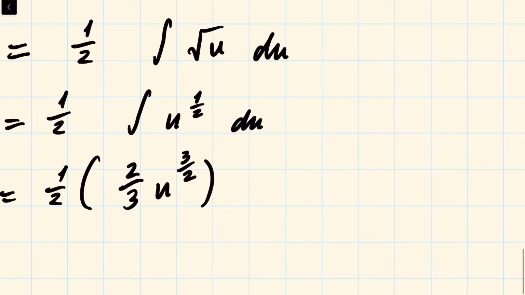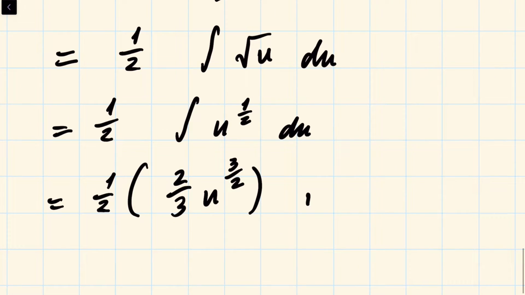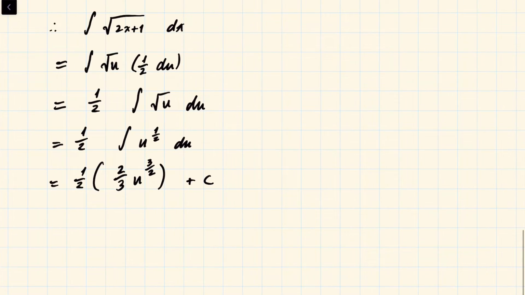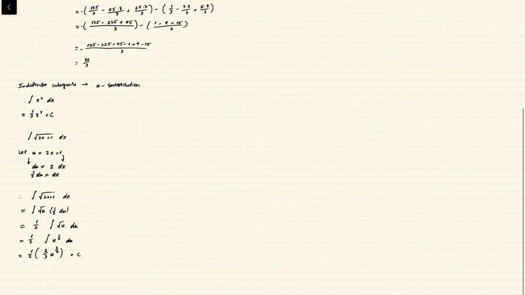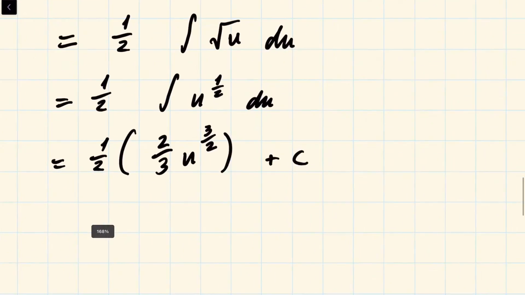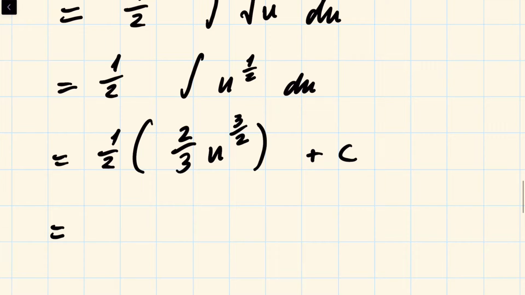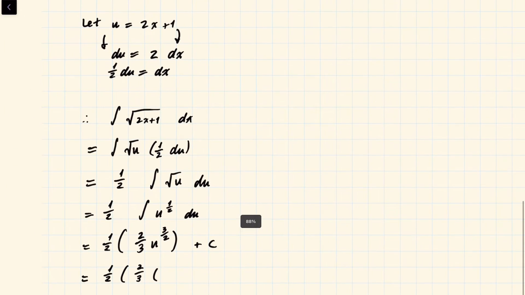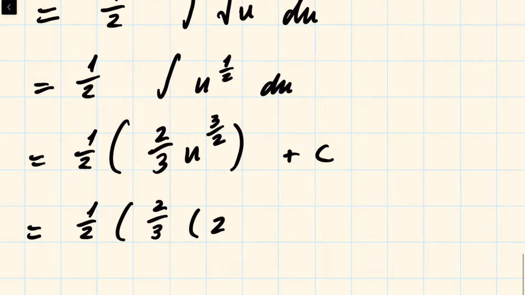So now that's it, but we've got to add our plus c. But we're not totally done yet because we've got to sub in x, because we want it in terms of x here. So we're going to sub in our 2x plus 1 for u again. So we're going to say 1/2 times 2/3 of 2x plus 1 to the 3 over 2 plus c.